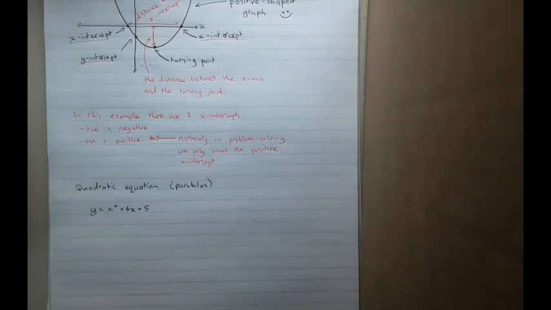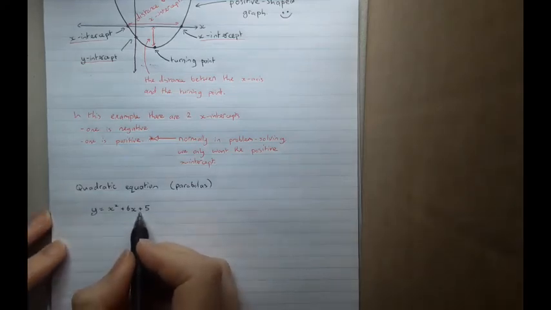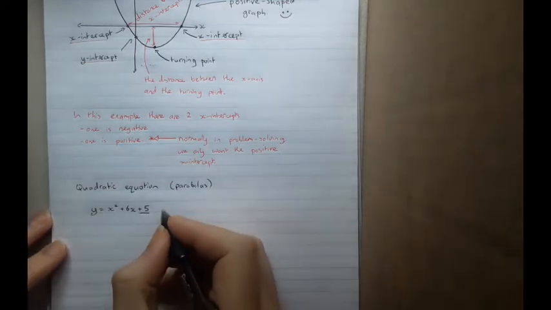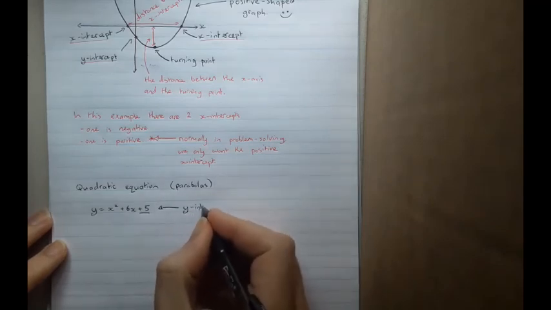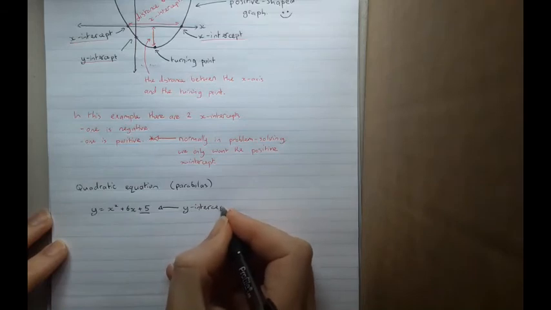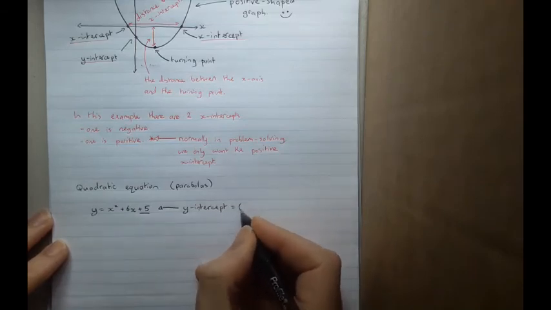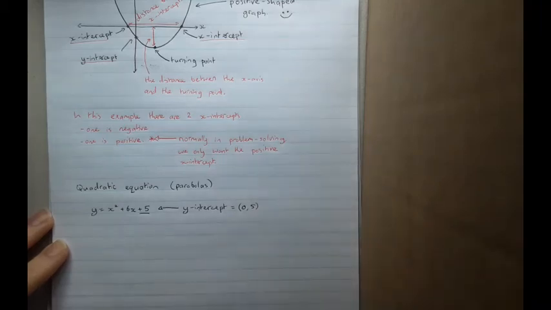If we were to look at this, we can quickly find the y-intercept. How do we find the y-intercept? Well, it's just this plus 5 on the end. So I get my y-intercept is equal to (0, 5).